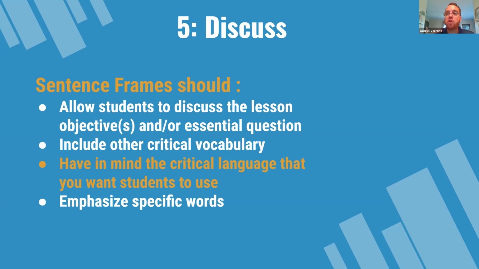So when you're thinking about the language you're going to choose to focus on, right? The 3 to 7 words you want to focus on, you should immediately start thinking about how can I get the kids to use this language intentionally in writing and in speech, okay? It should include other critical vocabulary, okay? I wish I could remember the book, and this is why you should list your references, but it talked about mortar words, right?